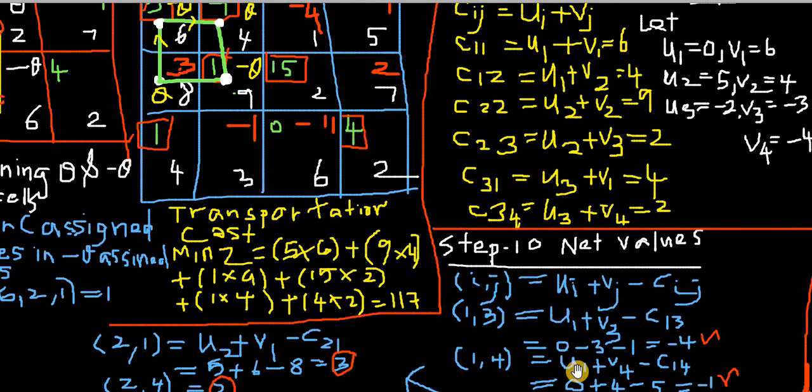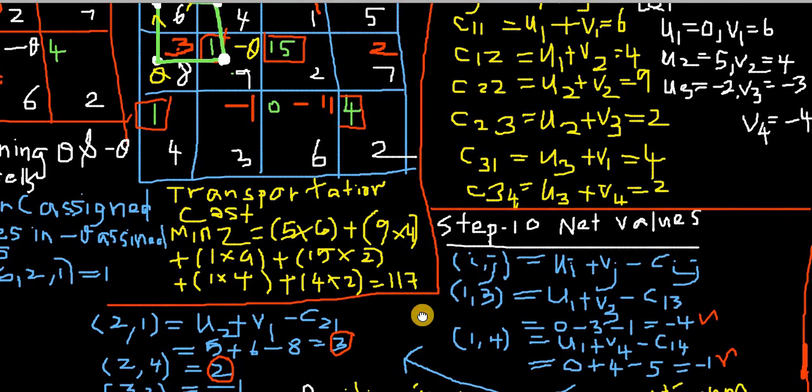1,4 equals u1 plus v4 minus c14. Okay, so u1 is what, the value here? 0. v4 is what, the value there? v4 is minus 4. We will get 9 here, minus 5, so minus 4 will come here. v4 is equal to u3, u3 is 2, so plus 4 only will come here.